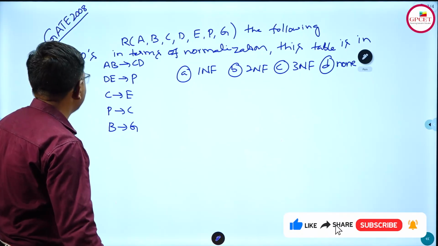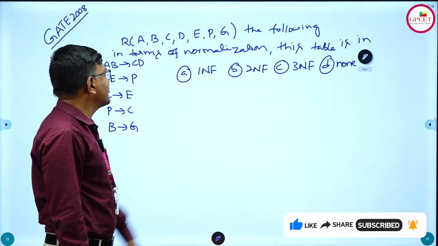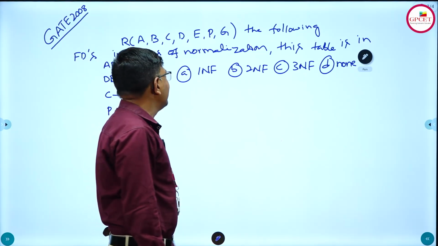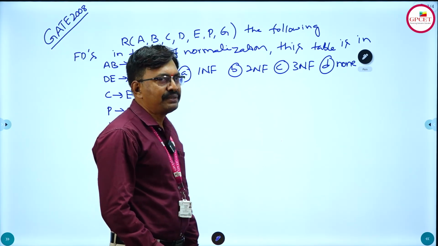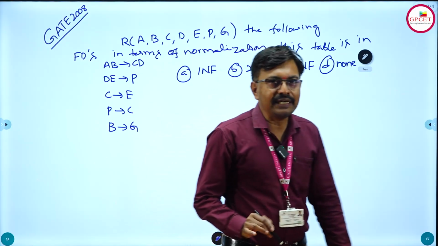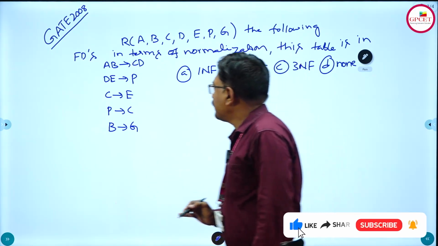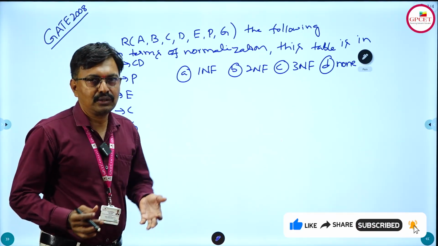Another example is GATE 2008. A relation R of A, B, C, D, P, G has the following functional dependencies. In terms of normalization, this table is in 1NF, 2NF, 3NF, or none. Based on the functional dependencies, first we find closure.